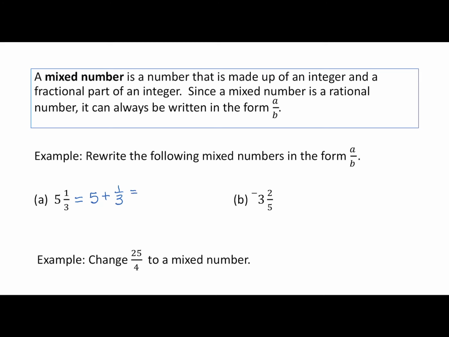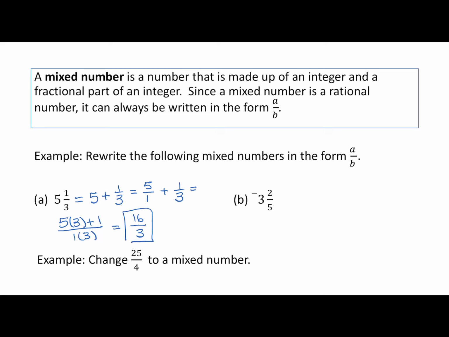And if I rewrite these with common denominators, well, actually, let's just use the rule. 5 over 1 plus 1 over 3. The rule says I'm going to do 5 times 3 plus 1 over 1 times 3, which is 15 plus 1, or 16 over 3.